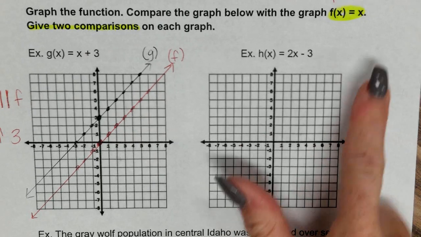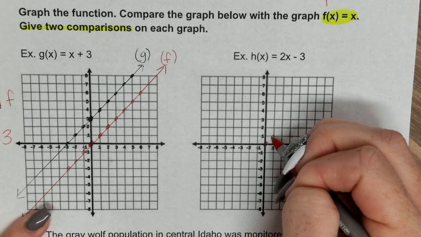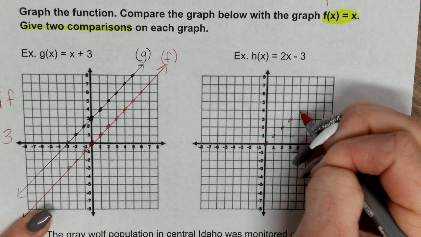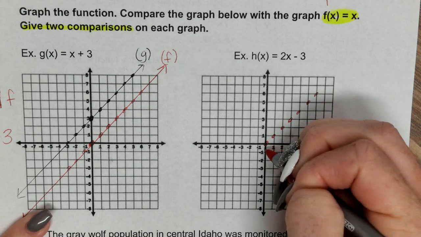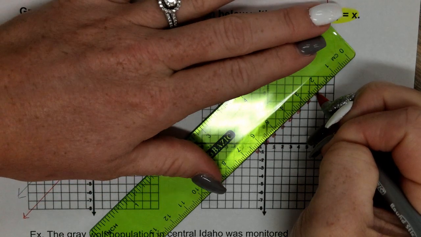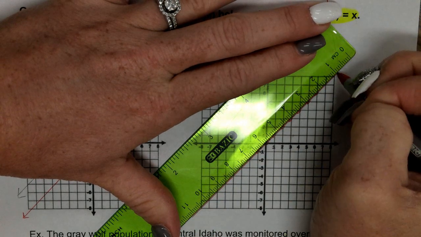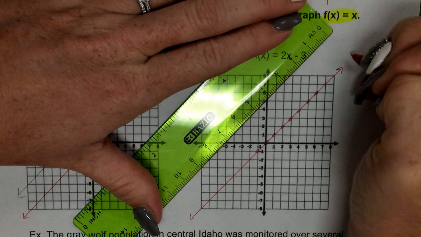All right, go graph the parent function first. It's going to look just like the first one, so 0, 0, up 1, right 1. And label it f.